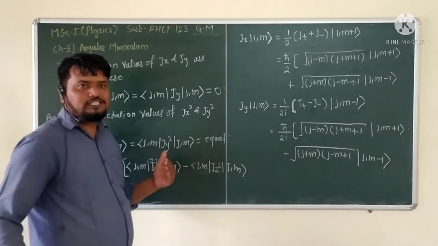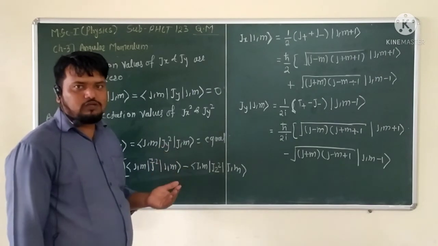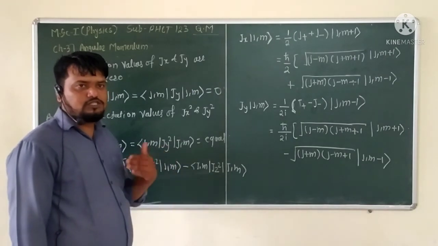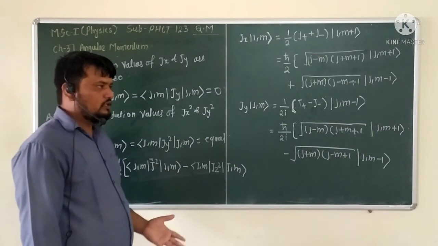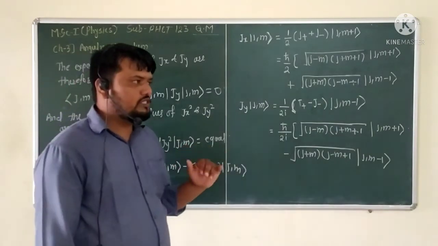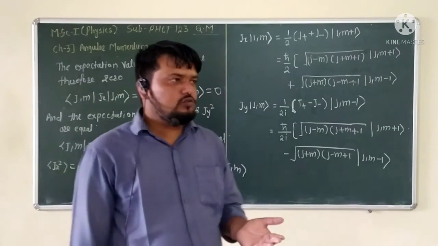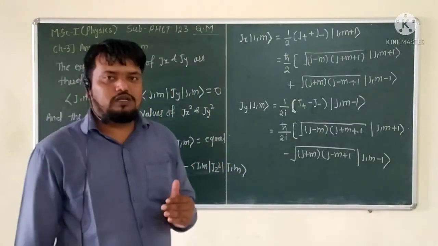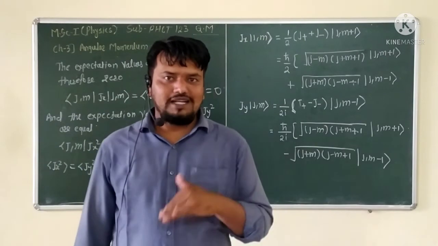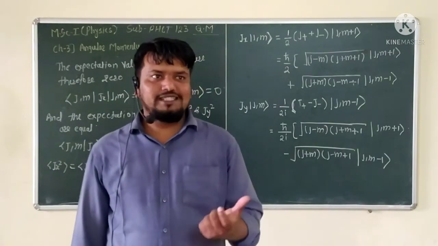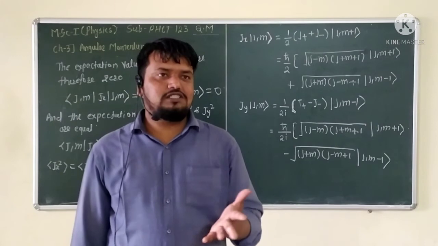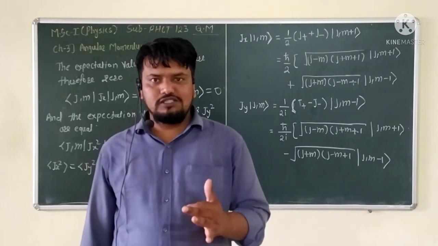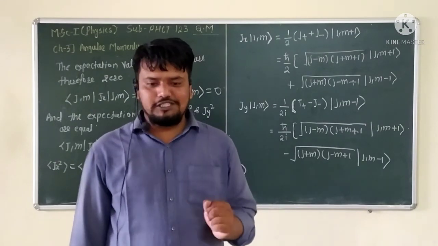So what is meant by J square? J square is nothing but Jx square plus Jy square plus Jz square, and solving this equation using the commutator relation, Jx square plus Jy square is nothing but J square minus Jz square.